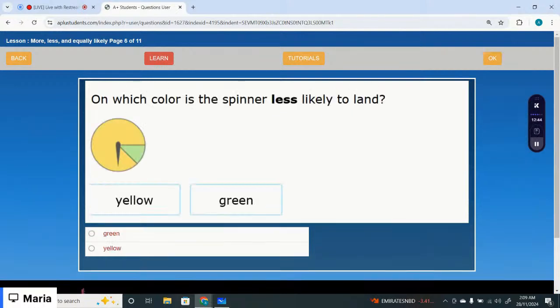On which color is the spinner less likely to land? On which color is the spinner less likely to land, which is the correct option? That is yellow. Option number 2 is the correct option.